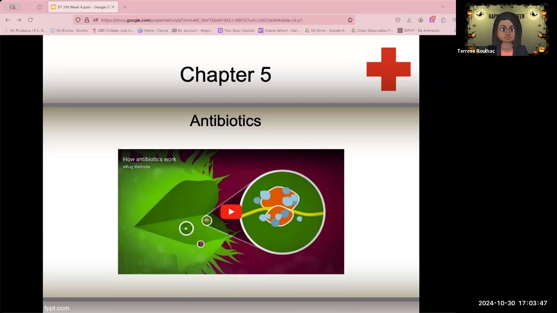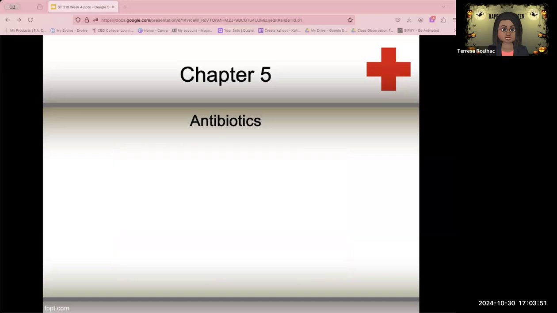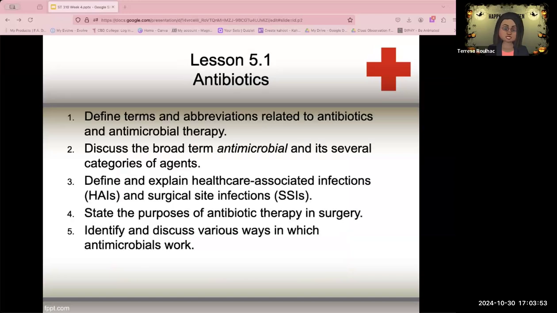All right, so that was a quick overview of antibiotics. We have to define terms as per usual. We have to look at abbreviations for antibiotics and antimicrobial therapy. We're going to look at categories of antimicrobial agents. We're going to break down HAIs, which are healthcare associated infections, and surgical site infections.